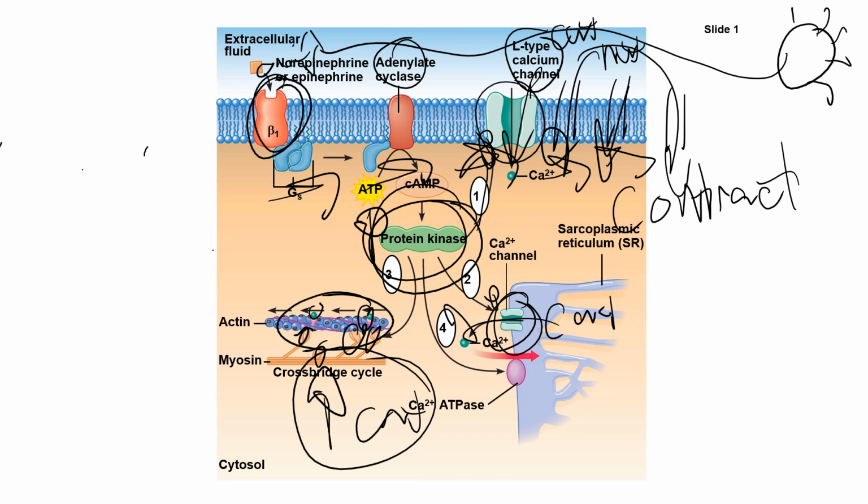Now, there are other things, I won't ask you this on the exam, but this is all theoretical. Some people believe that PKA or another second messenger influences the myosin heads to be able to interact more efficiently with actin, which also could result in more force production.